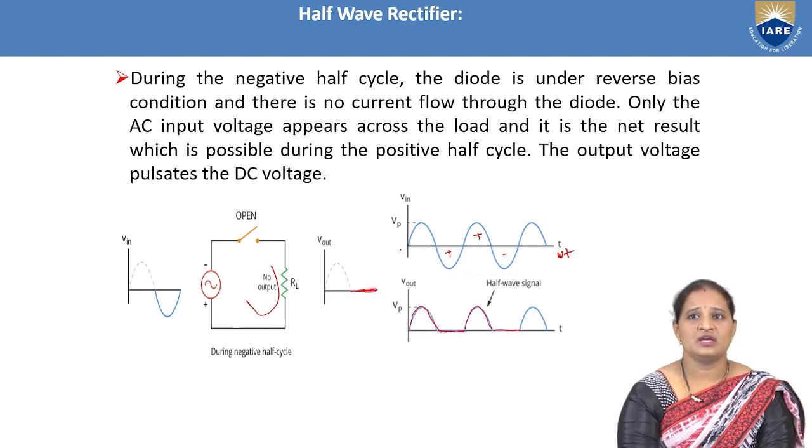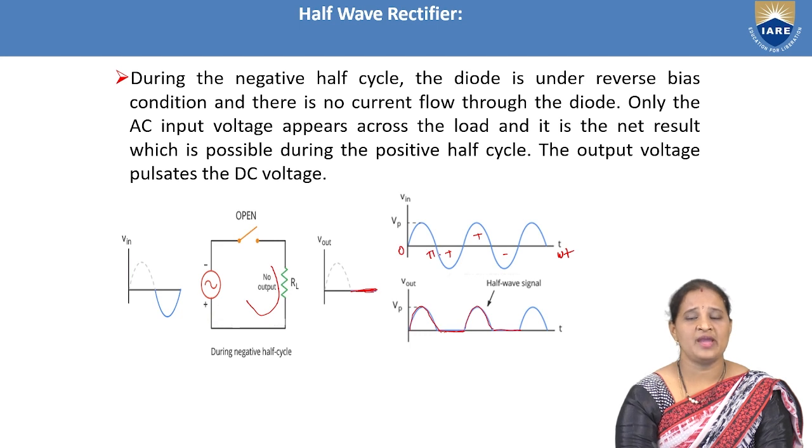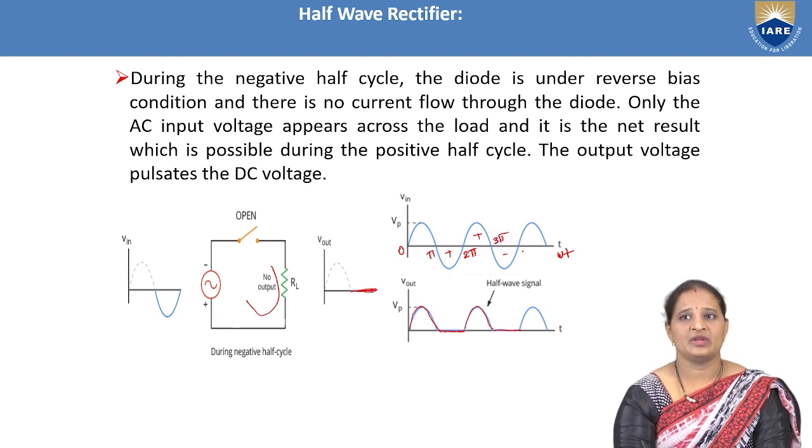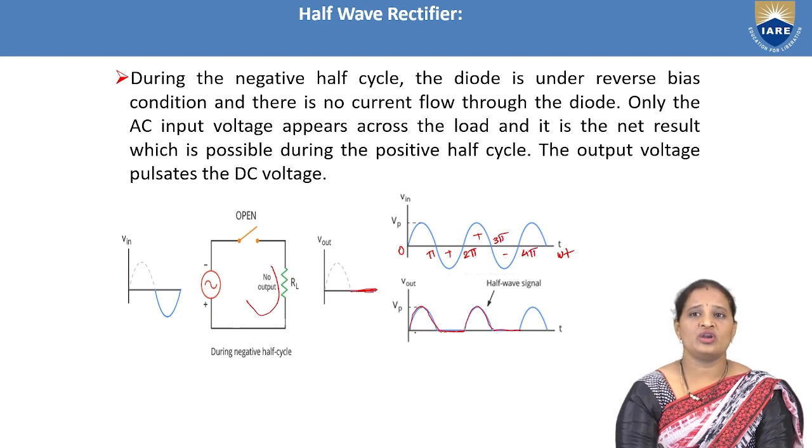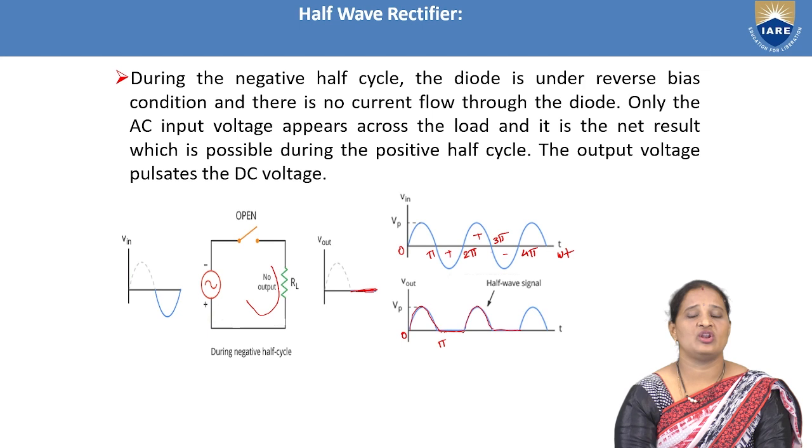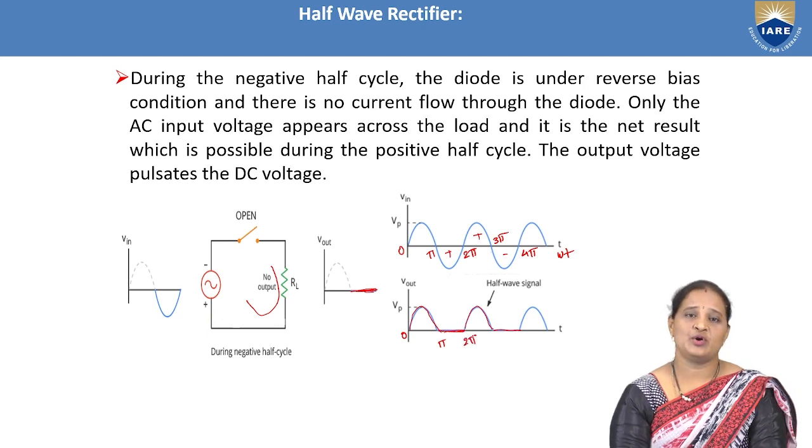This is the input. Here the positive half cycle has a duration of 0 to pi and the negative half cycle has a duration of pi to 2 pi, and this is 3 pi and this is 4 pi. What output are we getting during the positive half cycle? From 0 to pi we have sinusoidal output, and from pi to 2 pi we have 0 output.